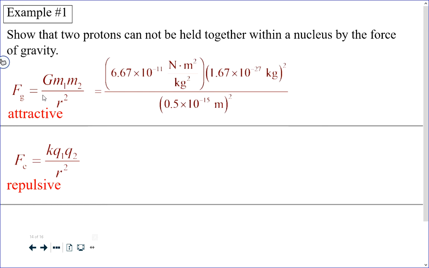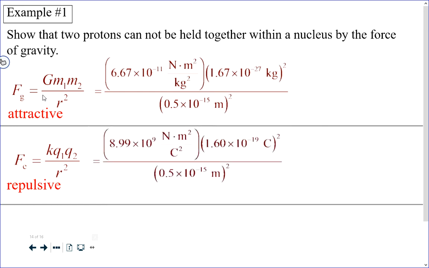When we do the same thing with the electrostatic force, we're going to have Coulomb's constant, 8.99 multiplied by 10 to the 9 newton meter squared per coulomb squared, multiplied by the charge of the proton, multiplied by the charge of the proton, which will be the charge of the proton squared, divided by the distance squared.